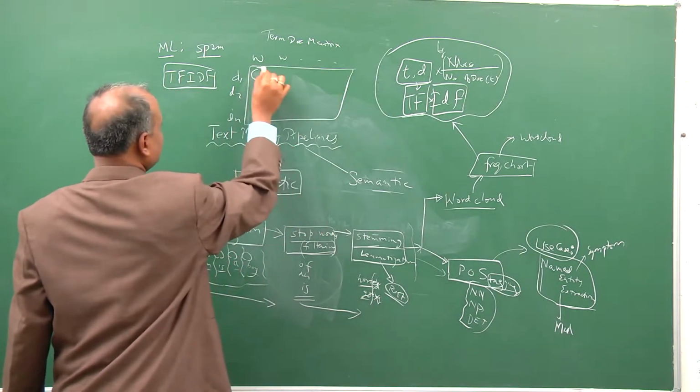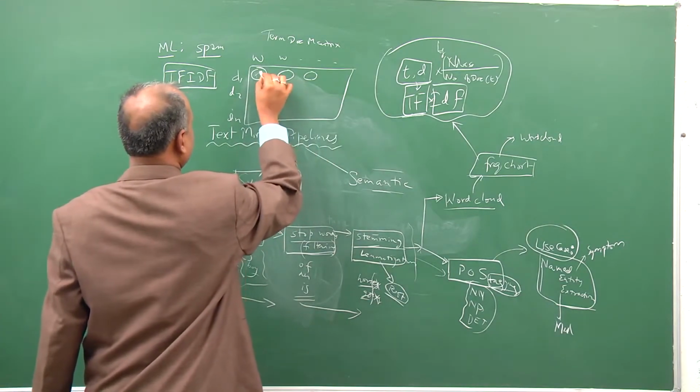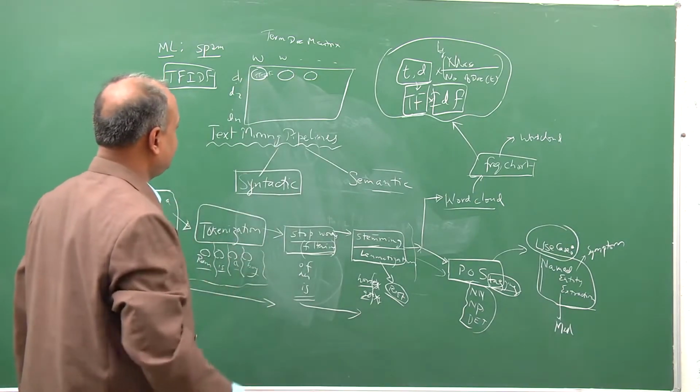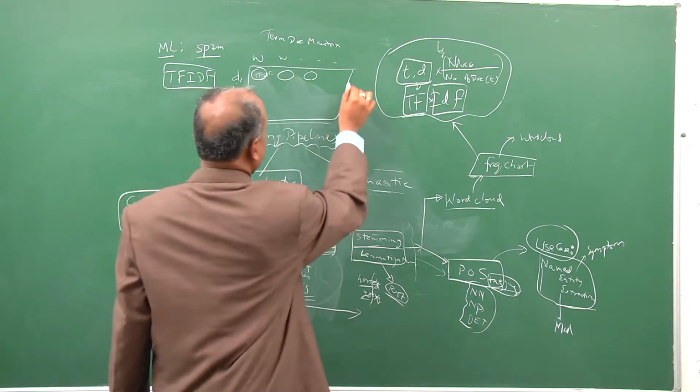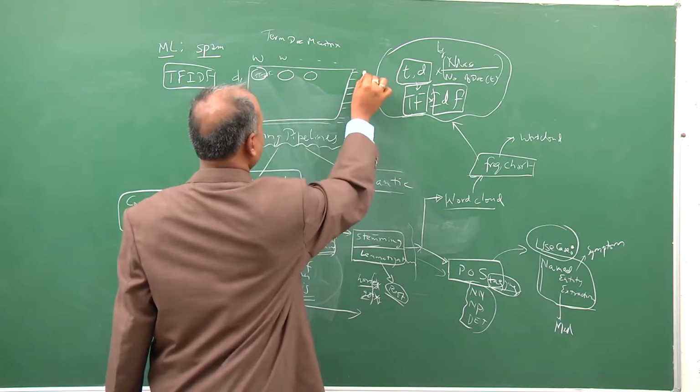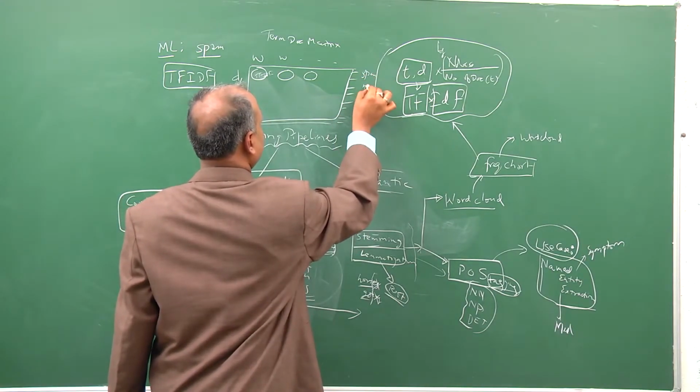And the content of each cell will be the tfidf of that word corresponding to that document. And this can be your input, and you can flag it, saying that that document has been flagged as spam or non-spam.